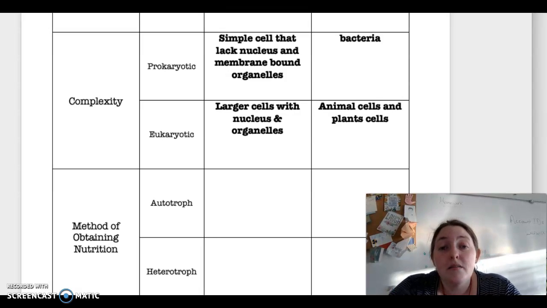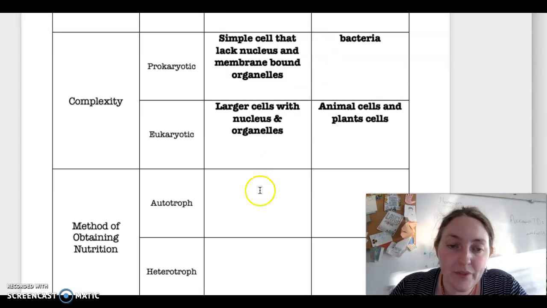Now, eukaryotic cells will often be found in multicellular organisms, but not always. The same with prokaryotic cells. Prokaryotes are usually going to be found in unicellular situations.